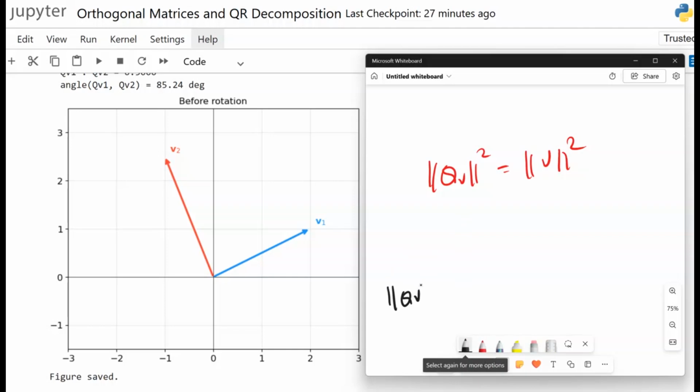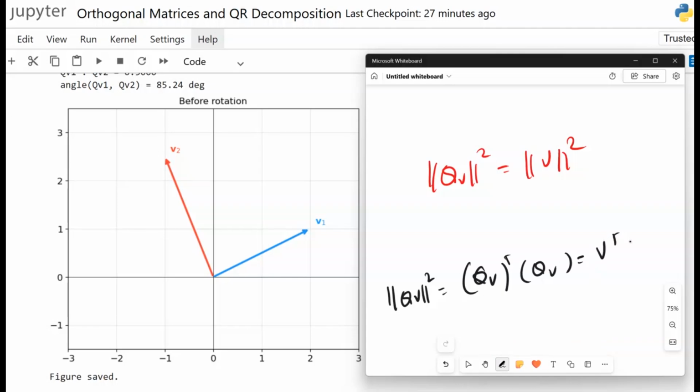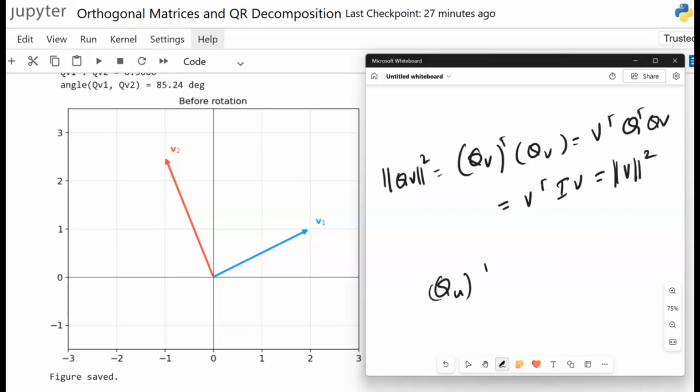Norm of QV the whole square is equal to QV transpose multiplied by QV, which is equal to V transpose Q transpose QV, which is equal to V transpose identity V, which is equal to norm V square.